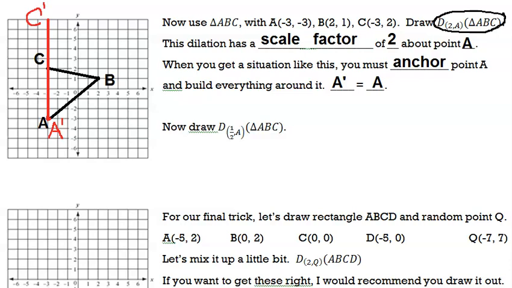Now you're going to do the same thing with point B. Right now, to get from A to B, you have to go up 4 and over 5. So now you need to go up 8 and over 10. You have to double that distance to get to your new point B. So again, A will stay the same, B and C will expand so that they can be twice as far apart.